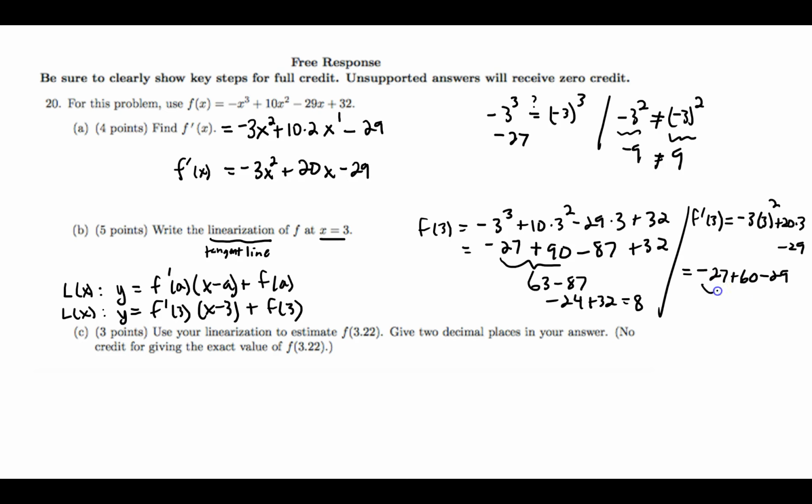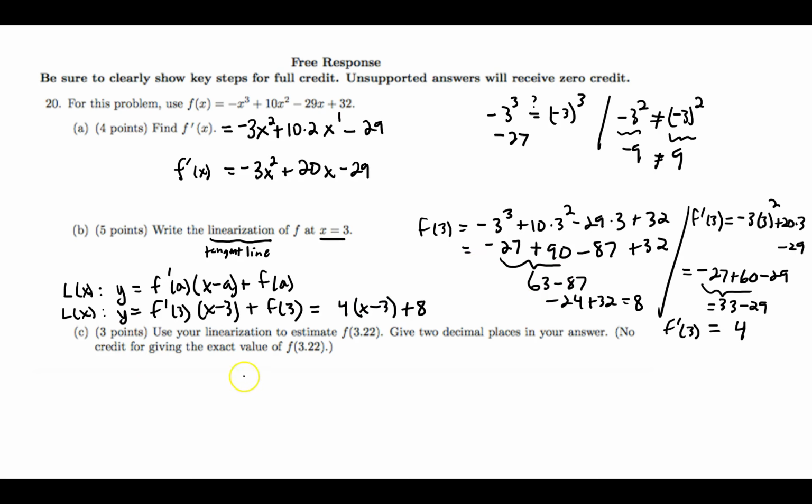And then let's see, 33 minus 29, it's a 4. f prime of 3 is 4. So this equation is going to be 4 times the quantity of x minus 3 plus an 8. I think that works out right. Yeah, we'll go with that.